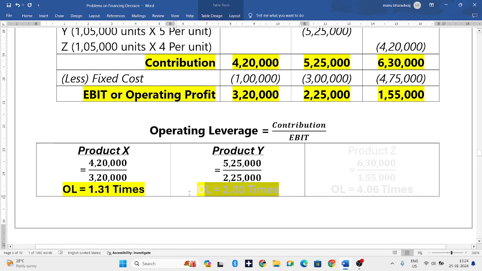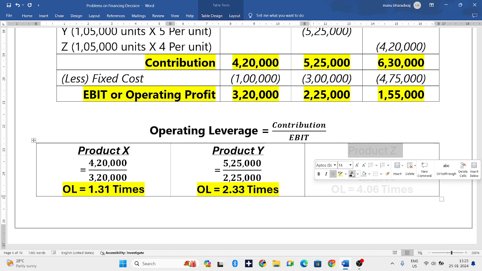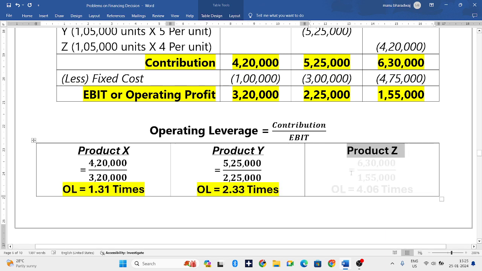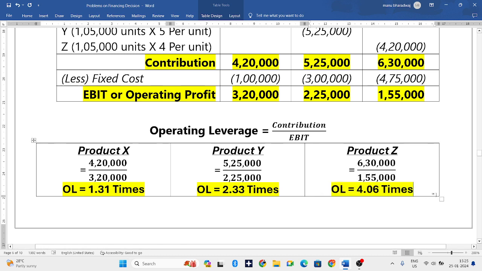That is the operating leverage for product Y. Next, we have to calculate for product Z. The contribution is 6,30,000 and EBIT is 1,55,000. If we divide both, then the operating leverage will be 4.06 times.